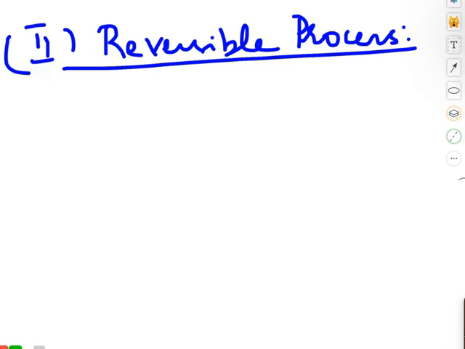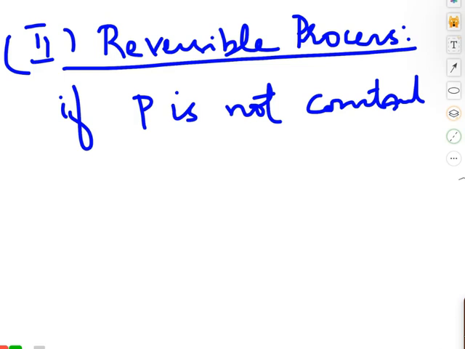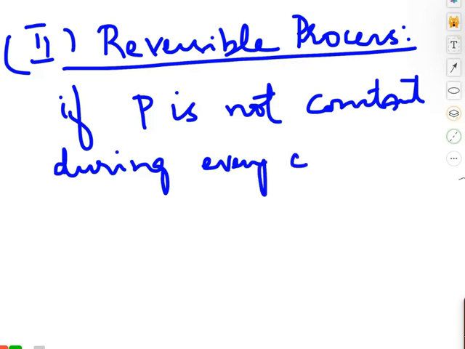This takes place when P external is not constant during every step of compression, every compression process.